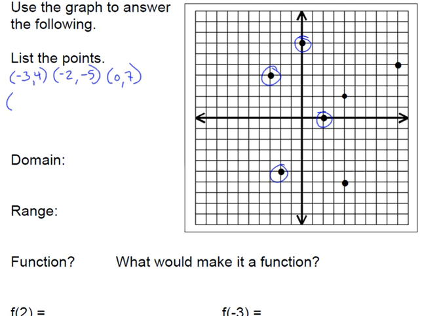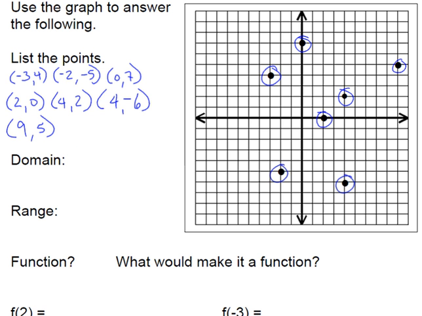Next I have 2, 0. Next I have 4, 2. Then I have 4, -6. And last I have 9, 5.